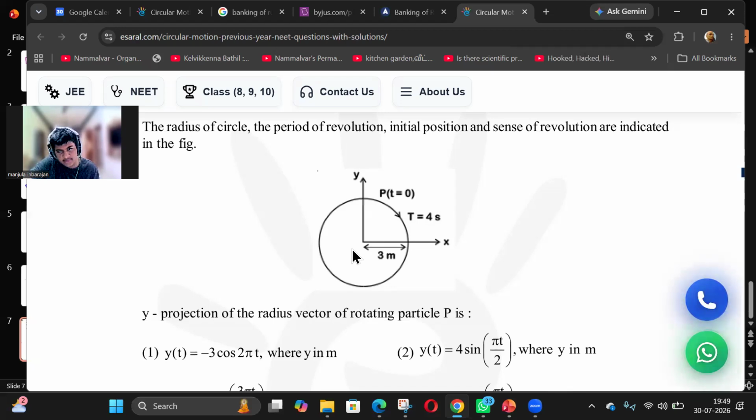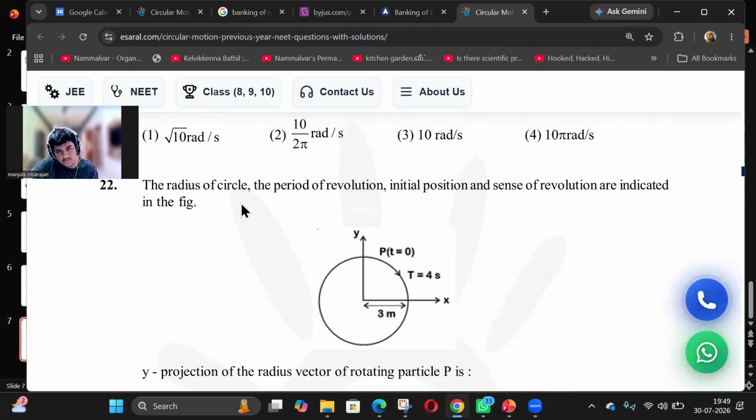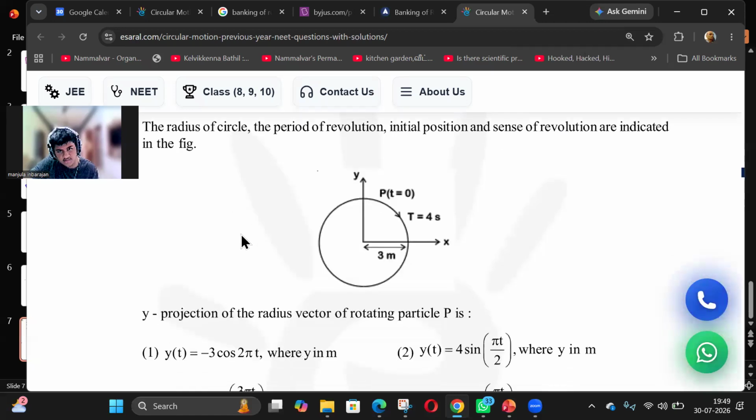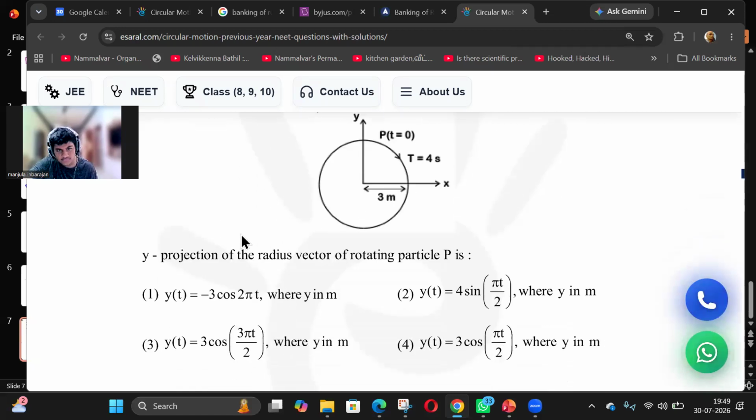Where is point P again? Can you mark the exact point? I can't see it. The point P. Is it the arrow mark? Initial position you have to know, right? Rotating particle P, sir. Is it the arrow part?